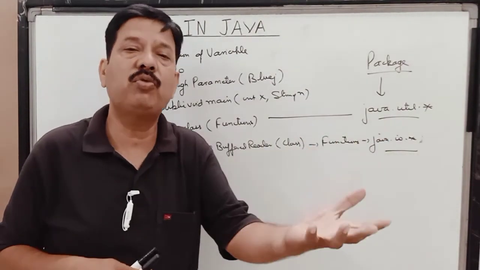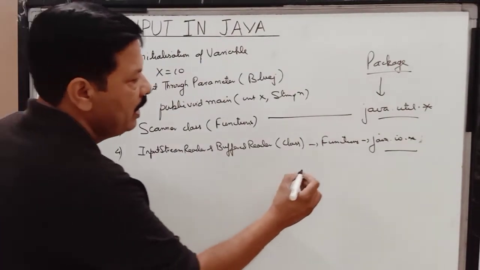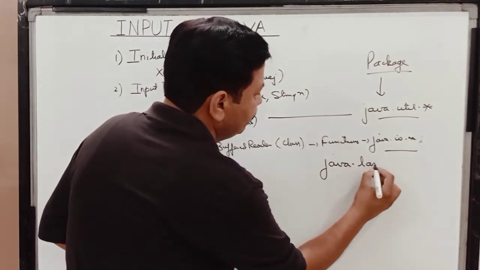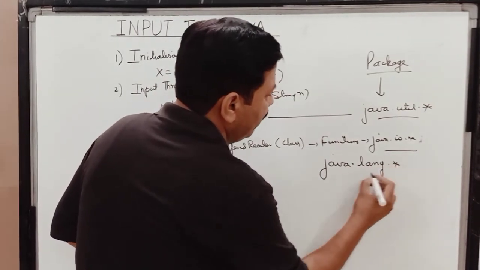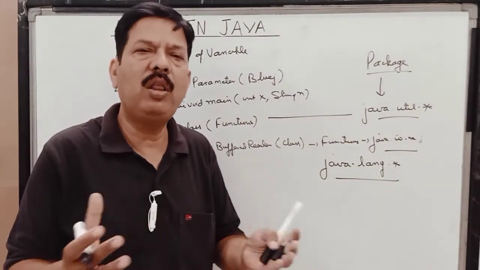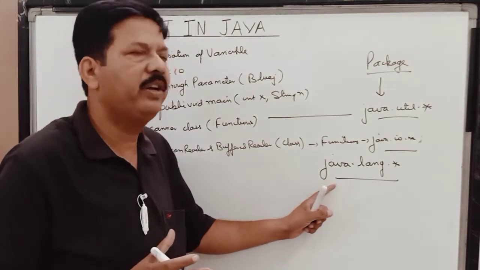We must reach that package, and there are some other packages also, like we have a package called java.lang.*. Children, this is a very user friendly package, and almost all the ready-made functions which are available to us in Java are present here.